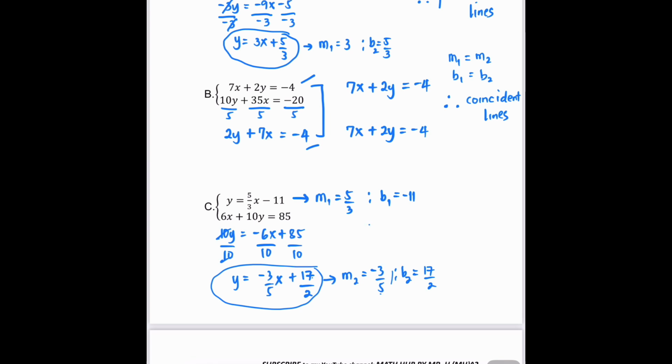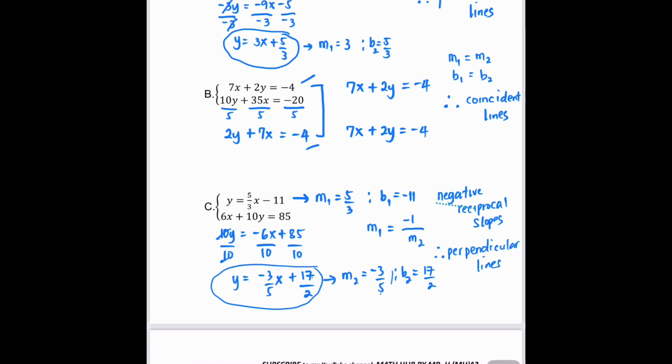So from there, you can see that the first slope is the negative reciprocal of the second one. Since their slopes are negative reciprocals, therefore the lines will be perpendicular.